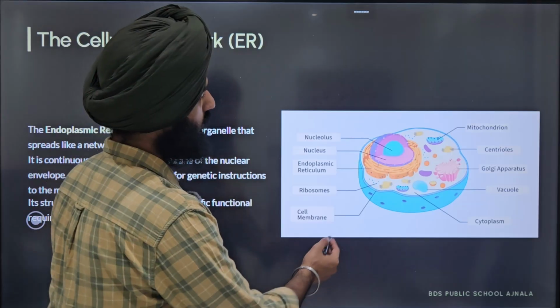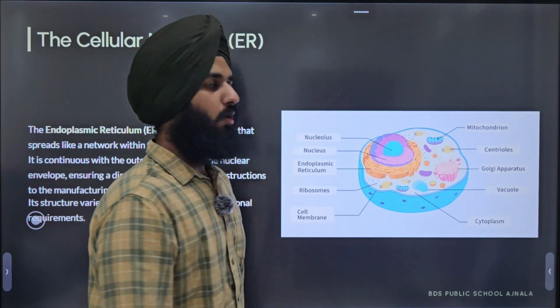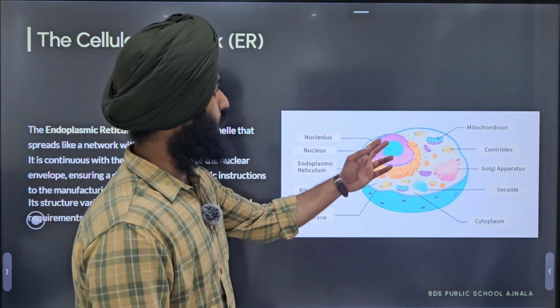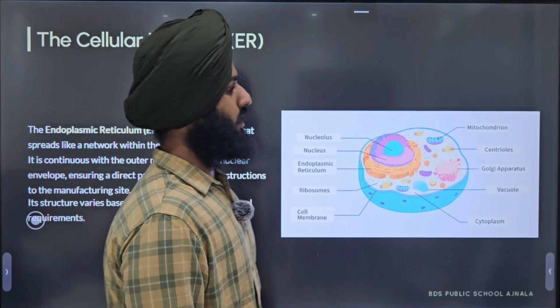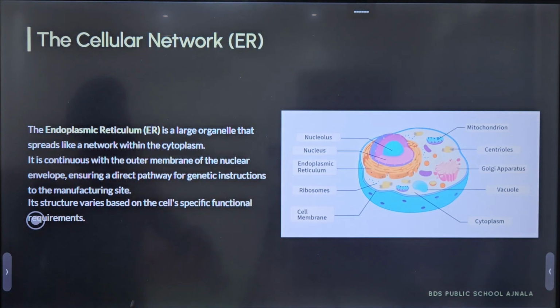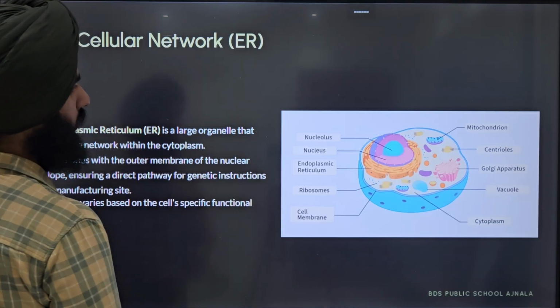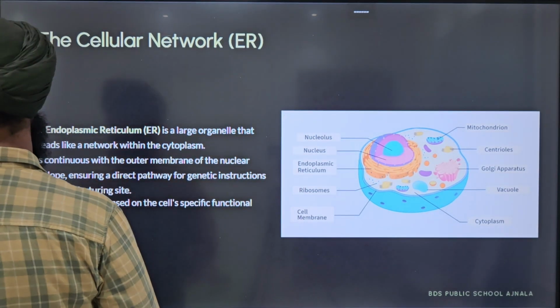So it ensures the pathway for the instructions to travel from the nucleus to the various manufacturing sites within the cell. These manufacturing sites, we'll understand about them later, what they actually manufacture and what they do.